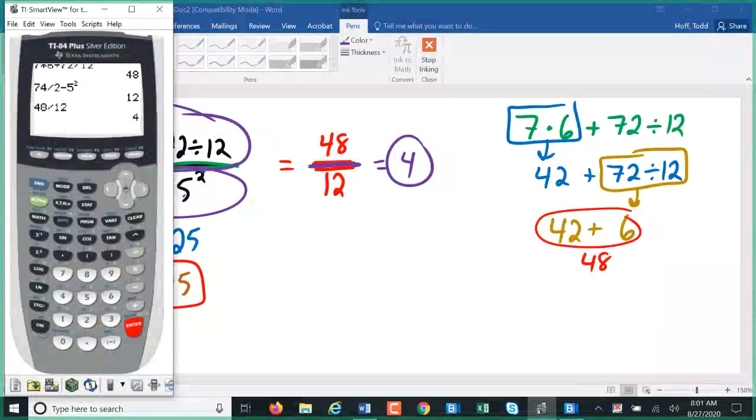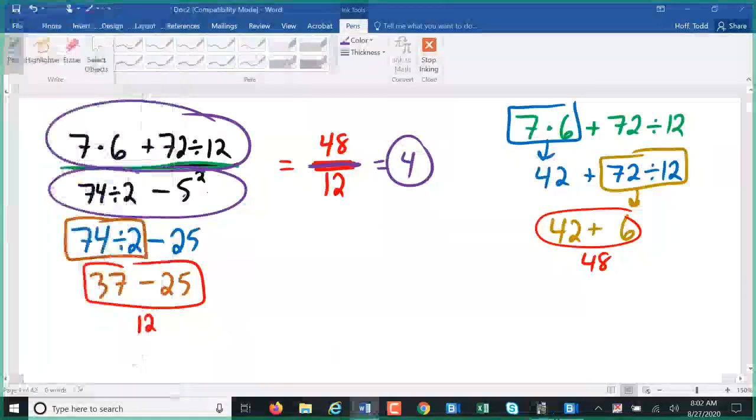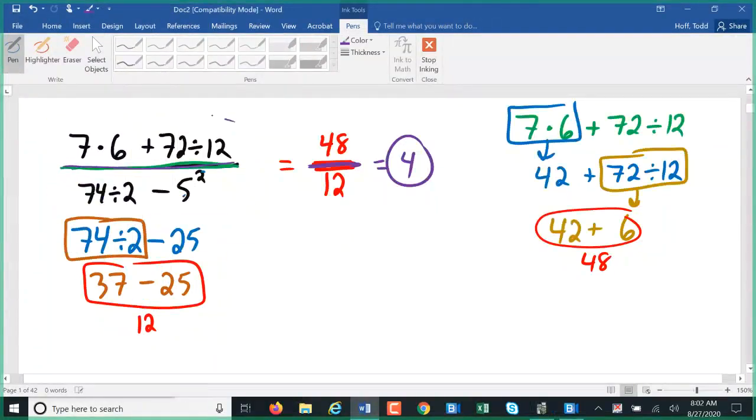If you were to try to enter this in the calculator as one problem, it becomes a mess, because you have to put parentheses in there to replace the enclosing symbol. Most calculators don't do a fraction bar where you can put this in just as it appears here, with part of it on top and part of it on bottom.